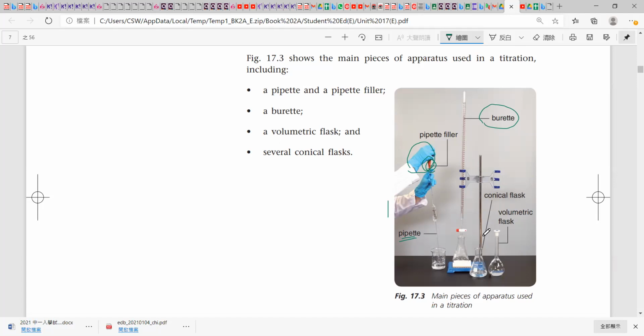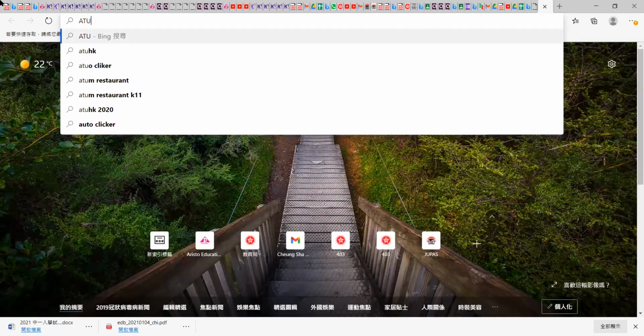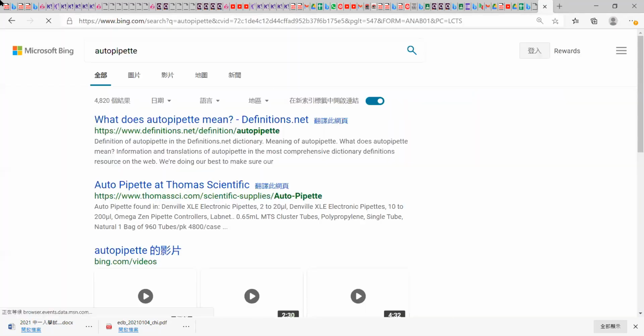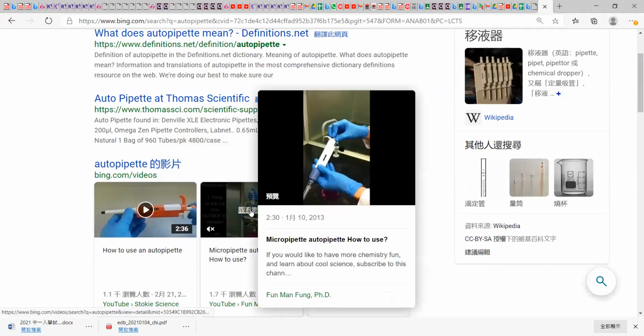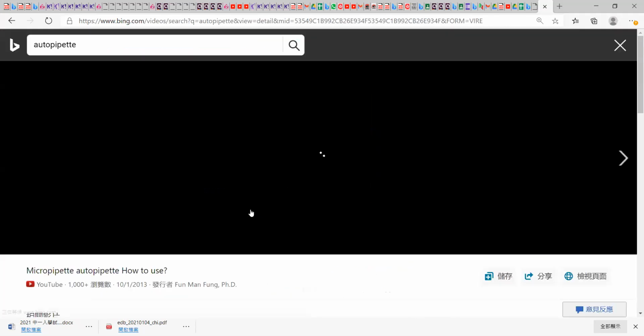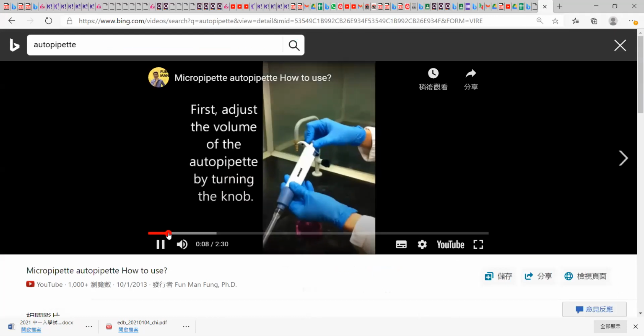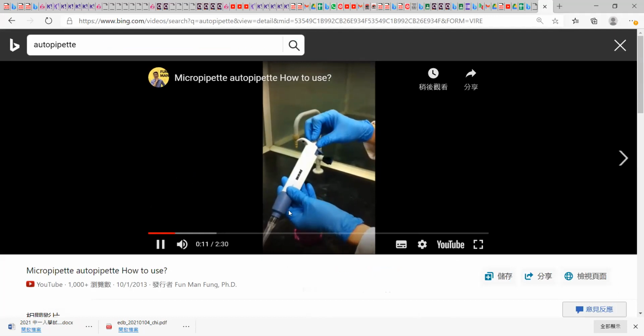唔係淨係化學科會用 pipette 嘅，生物科都會用嘅。有冇聽過 auto pipette？Auto pipette is this one.